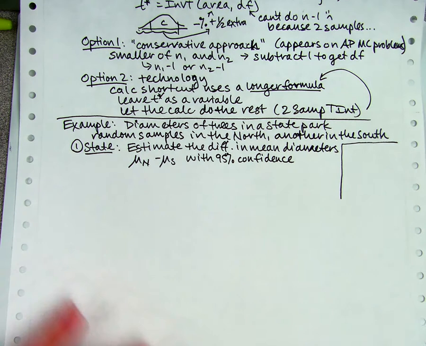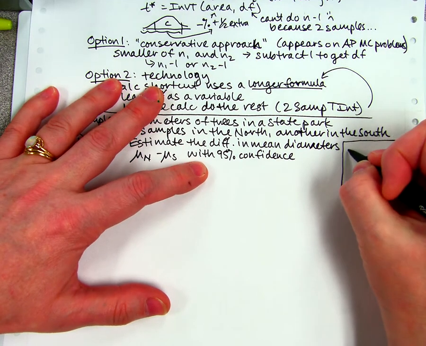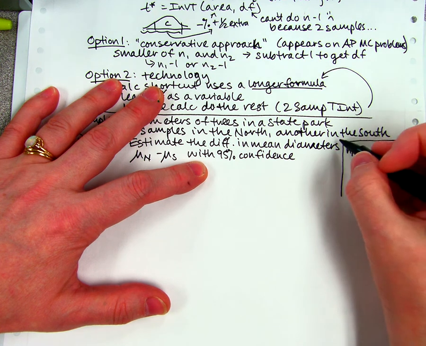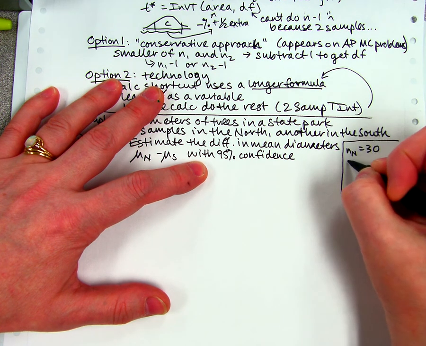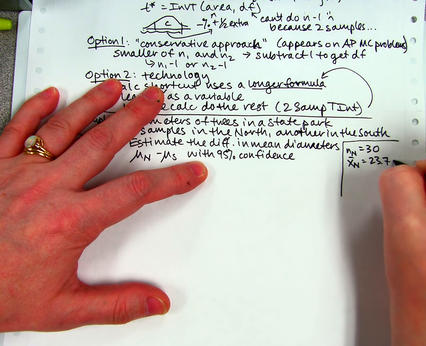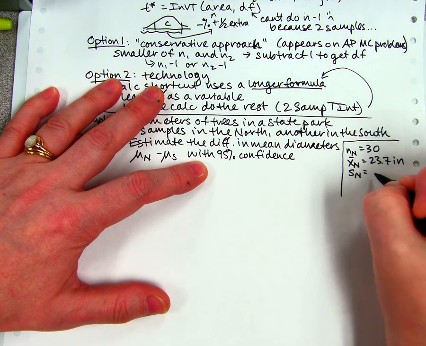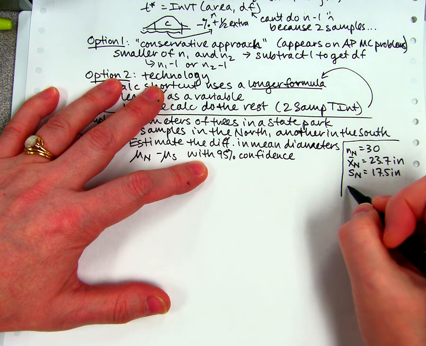I'm going to say we are given that the north, we have a sample size, I'm going to call it NN. Sample size for north is 30, and the mean for the north is 23.7 inches, and the standard deviation for the north. You really have to know all of this stuff in order to do this test. So I'm going to just give you the data, which would probably be in a paragraph if it was in the book.